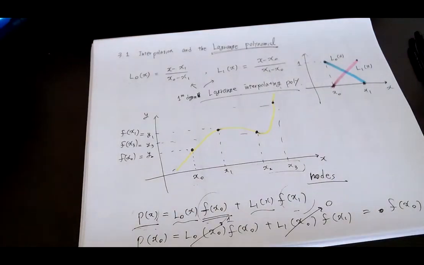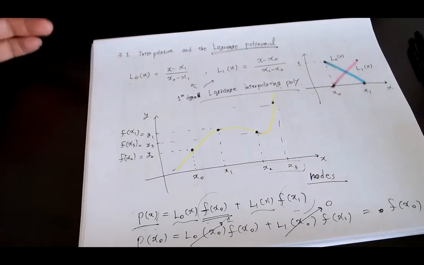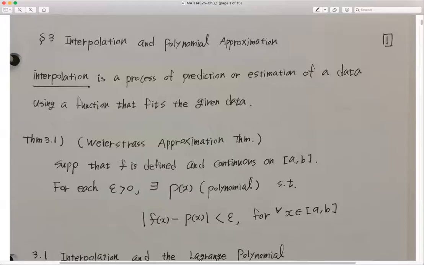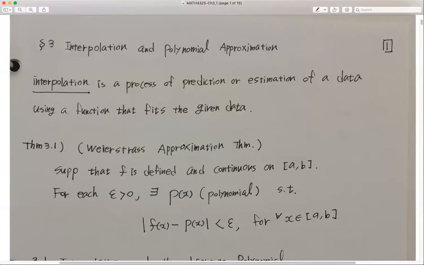Let's see my lecture notes, and then I'll continue to explain the Lagrange polynomial. All right, so here I told you interpolation is a process of prediction or estimation of data using a function that fits the given data.